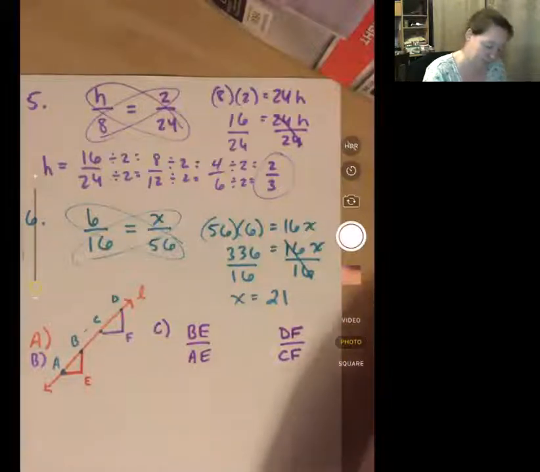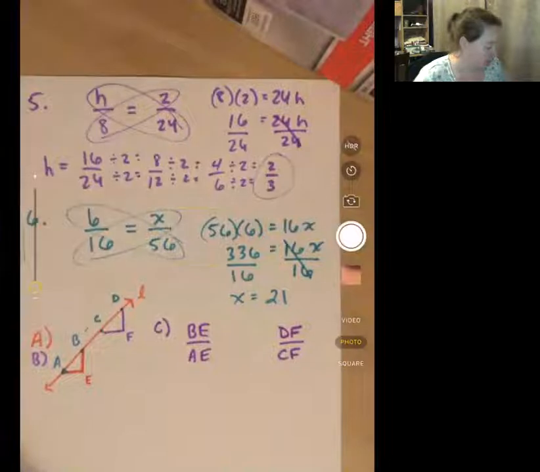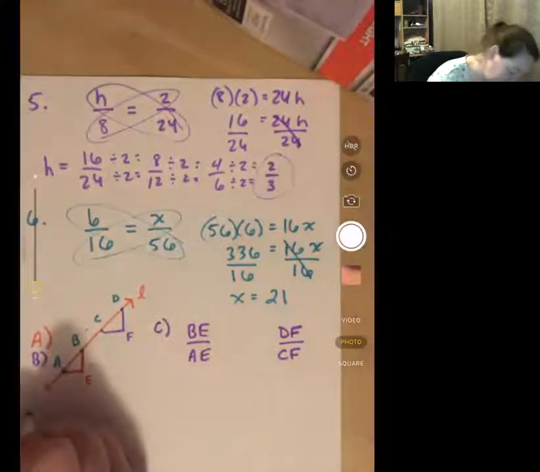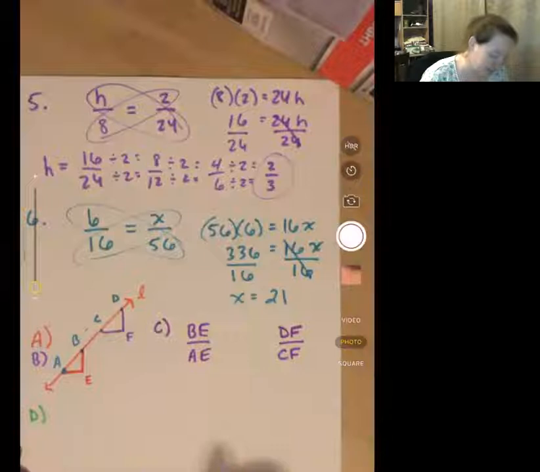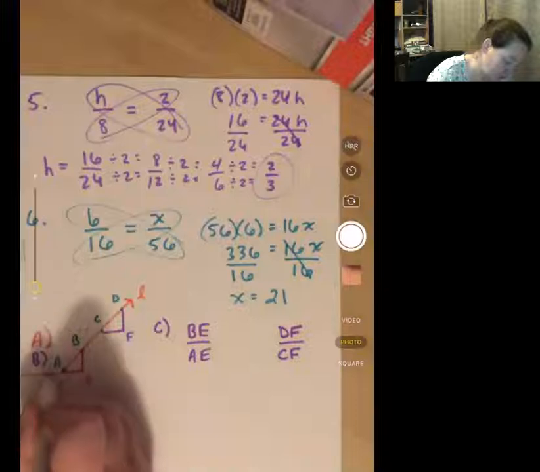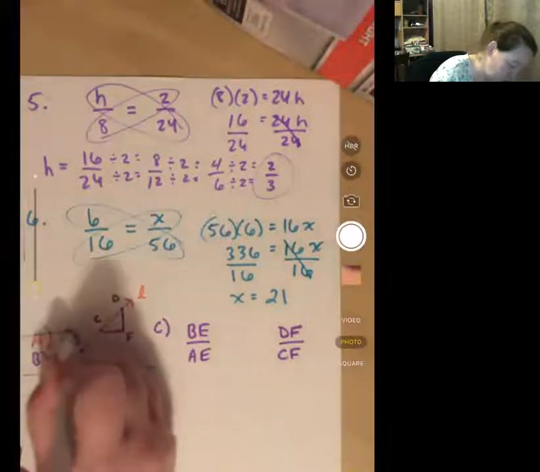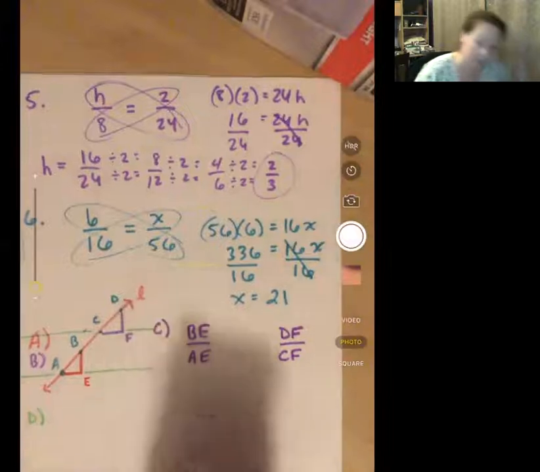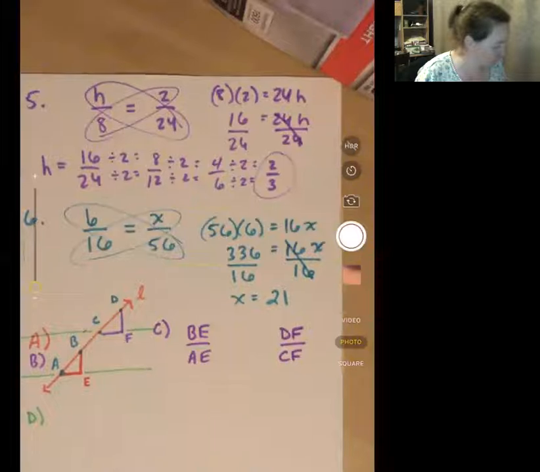Letter D. Extend line AE and CF across your drawing. So I'm going to extend it. Okay, so now they are extended. And it's probably going to ask us what we notice.